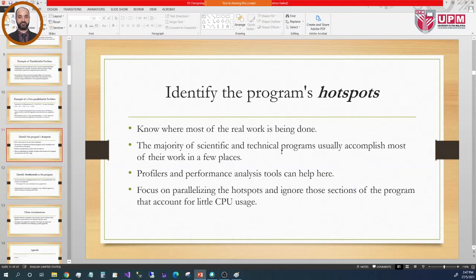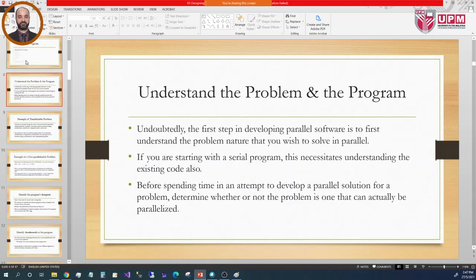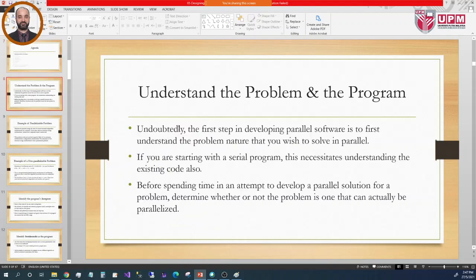Let us continue to this slide. Identifying the program's hotspots. If you remember, at the beginning, to make things parallel, we have to understand the problem and the nature of the problem.